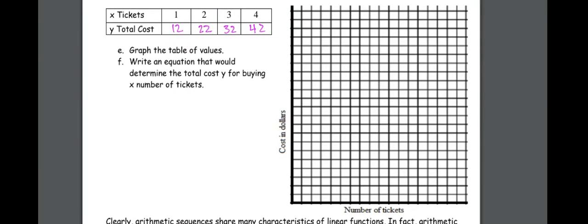So I am going to set up my x-axis, 1, 2, 3, and 4. My x values need to go from 0 to 4. My y values need to go from 0 to 42. So I'm going to go by 2, 4, 6, 8, 10.